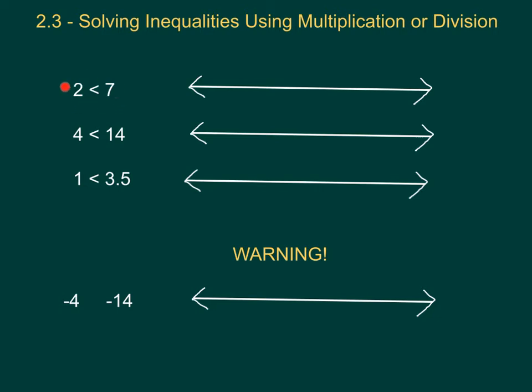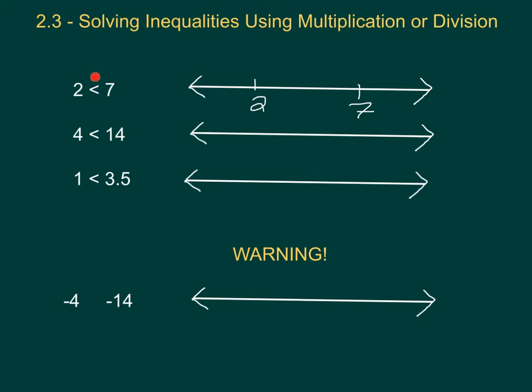Here I have 2 is less than 7, which is a true inequality. On a number line, I could pretty easily put a 2 and a 7, and that shows that 2 is to the left of 7, which means that 2 is in fact less than 7. Pretty self-explanatory.